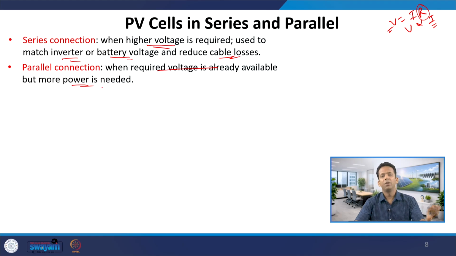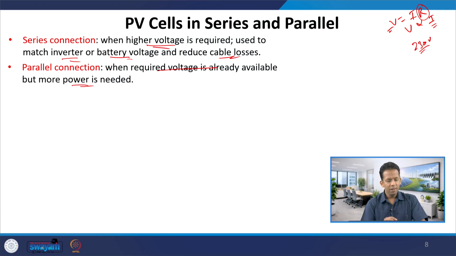For example, when power comes to our house from the grid, the voltage is fixed at 230 volt, right? In India, the value comes out to be 230 volt. So that voltage is fixed. Now, if we need more power, what we will have to do is connect things in parallel so that more current passes through it and more power would be consumed.